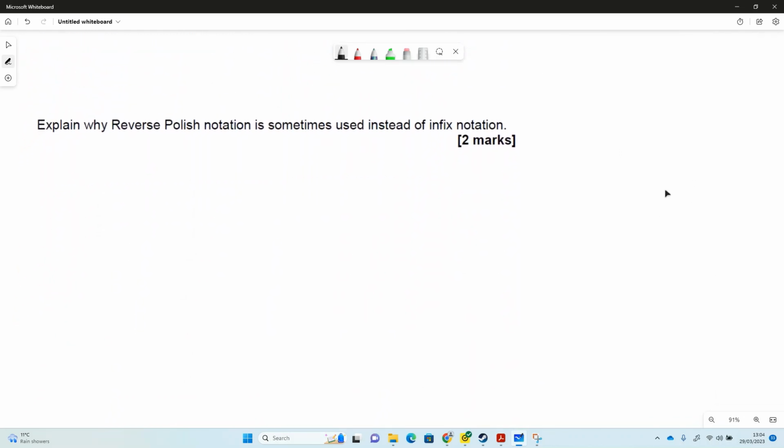There's another one here: explain why reverse Polish notation is sometimes used. So this is explain, so it's trying to show you understanding.